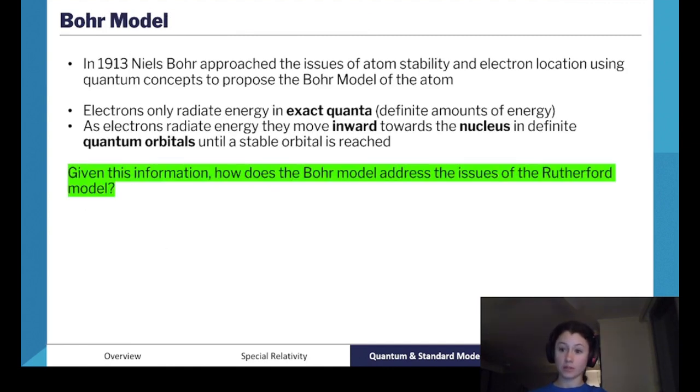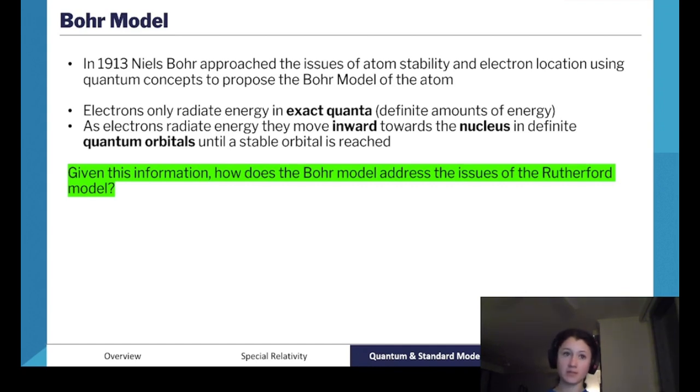Now let's get into the Bohr model. So Bohr proposed that electrons only radiate energy in exact quanta or definite amounts of energy. And so as electrons radiate energy, they move inward towards the nucleus in definite quantum orbitals until a stable orbital is reached.